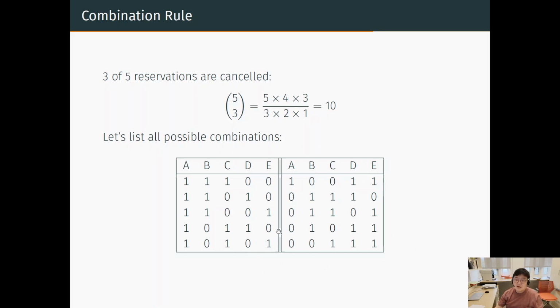So this is the number of possible combinations for 5 choose 3. Okay, so you may apply this to any case, and of course you don't need to do it by hand. Use a calculator or Excel, then you should be able to calculate this easily.